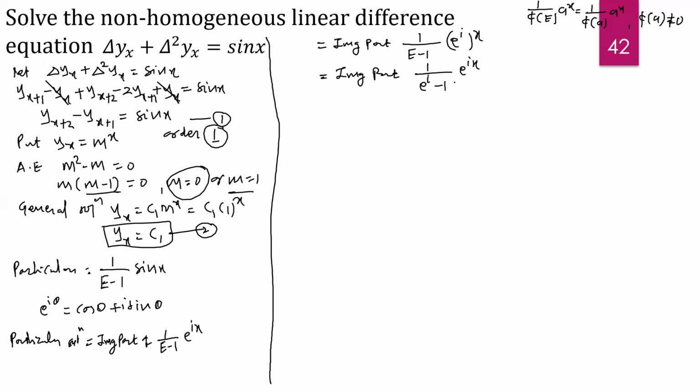Now in the denominator, e raised to i is present. It means an imaginary number is present in the denominator, so we remove this.